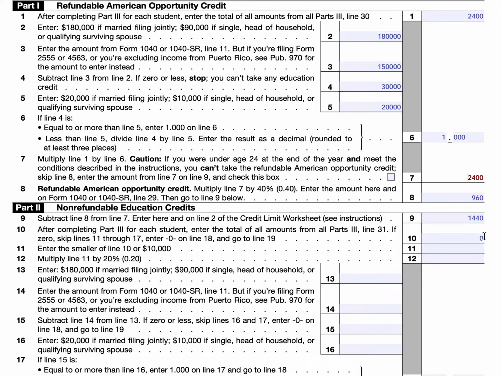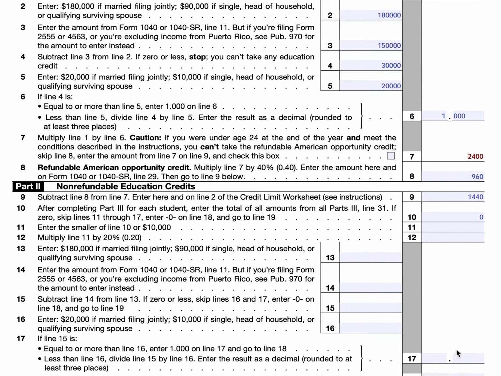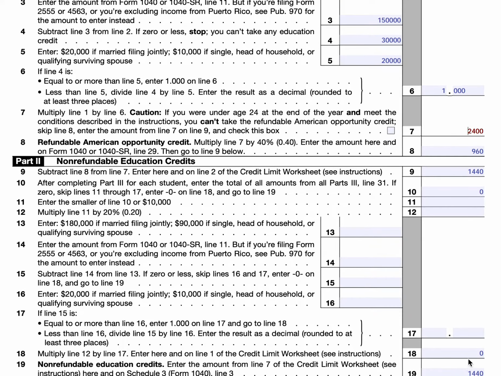We zeroed out line 10 simply because there was no lifetime learning credit for any other students. However, we would have put that in here. We skipped lines 11 through 17 because line 31 was 0. And then we entered 0 on line 18.